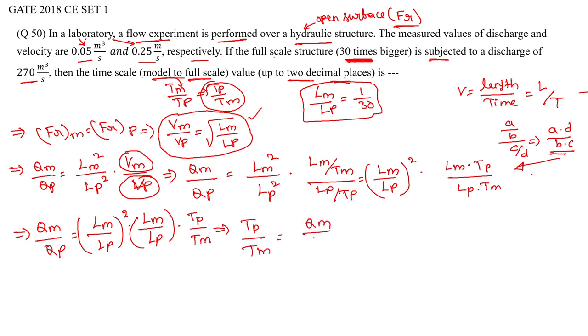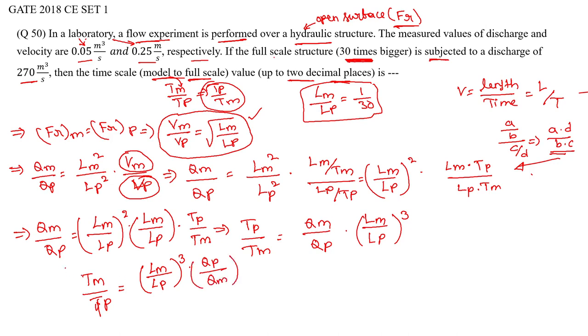Qm by Qp equal to Lm by Lp whole cube. Or if somebody wants to calculate Tm by Tp directly, it can be written as Lm by Lp whole cube into Qp by Qm.